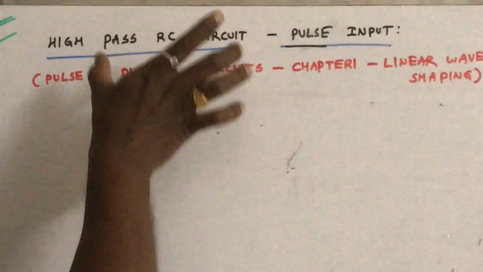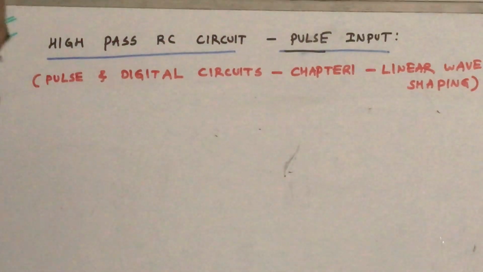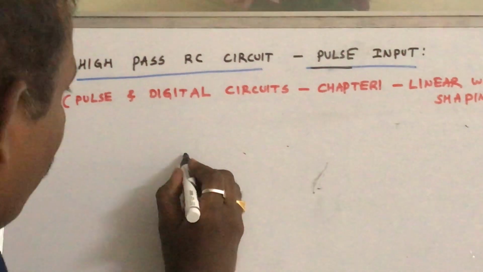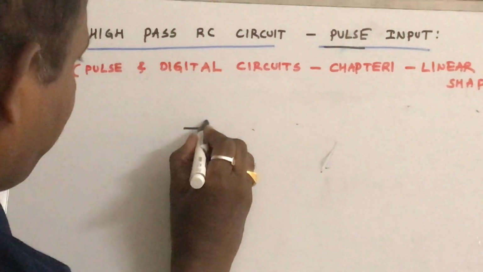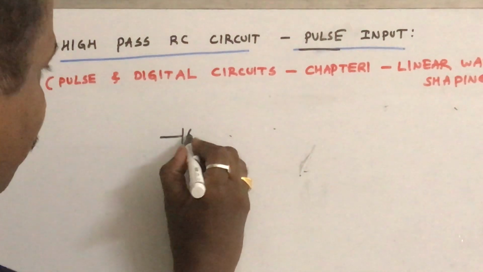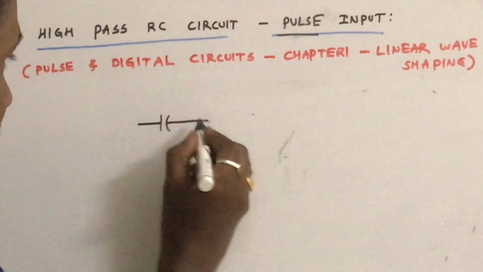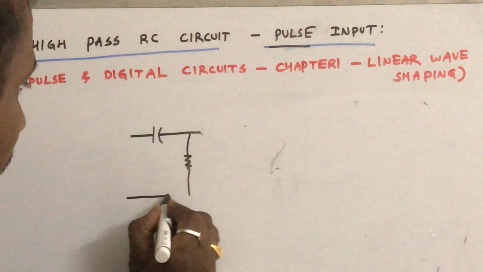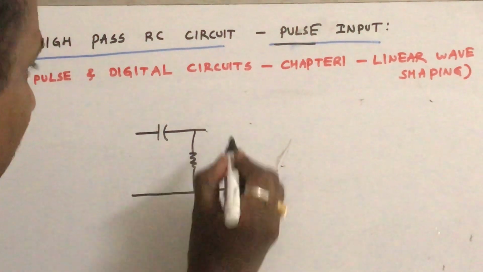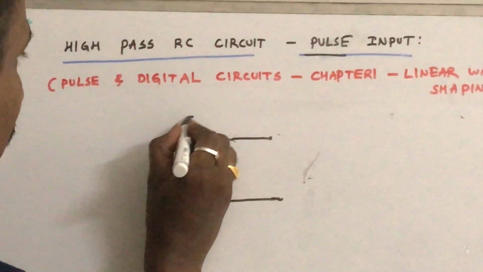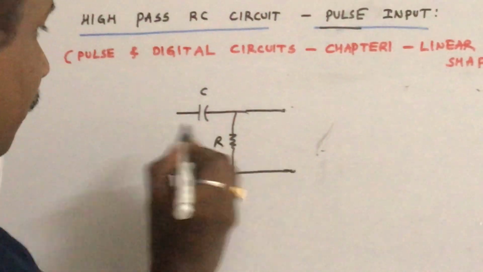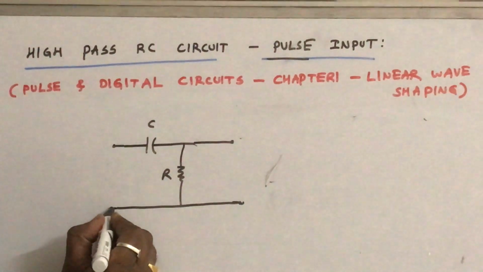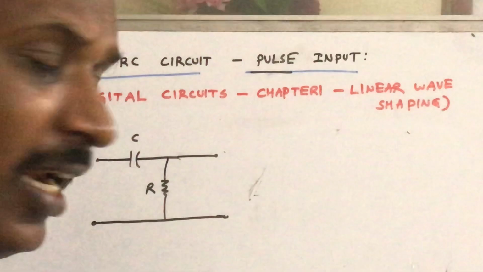So first let us draw the RC high pass circuit. As you know, the elements of the RC high pass circuit are the capacitor and the resistor, where we take the voltage across the resistor.